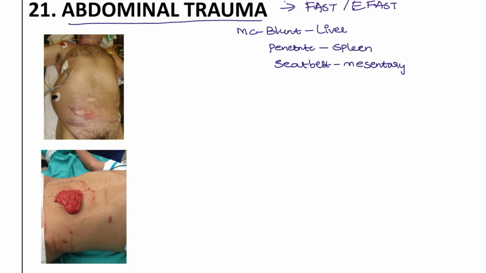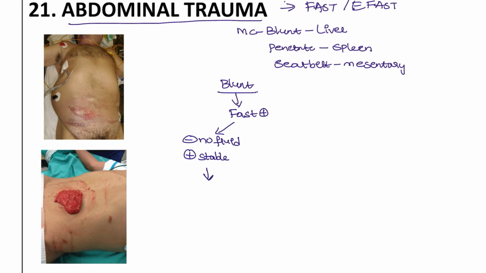Let's say the patient is presented to our team. First, you saw the blunt trauma, then assess the patient with the FAST. On the FAST, you see no fluid, and the patient's vitals are stable.